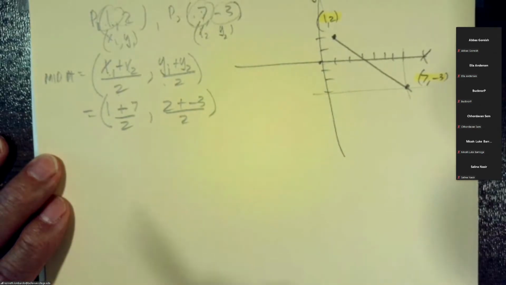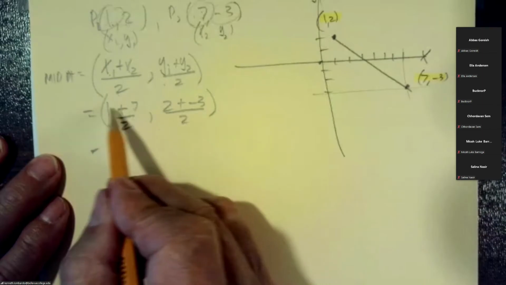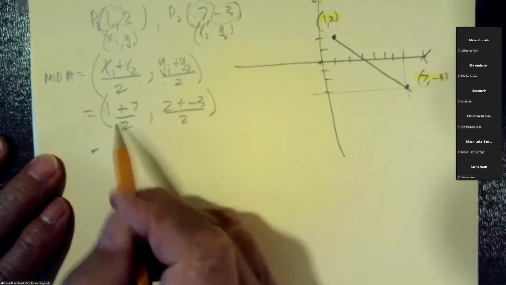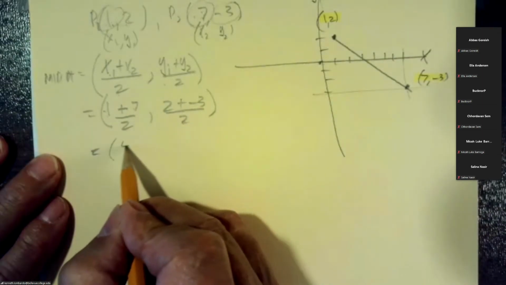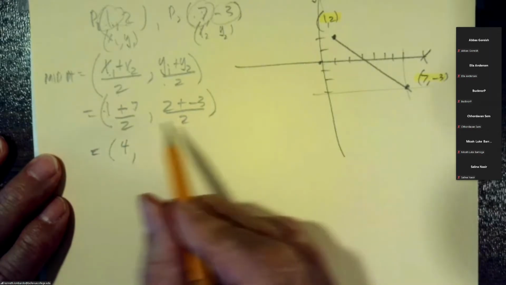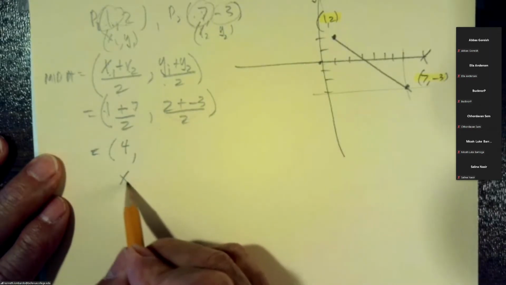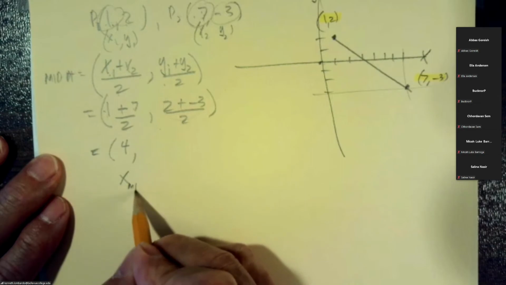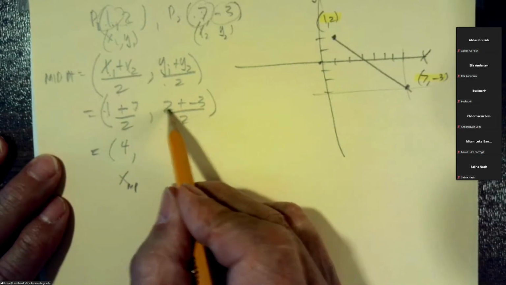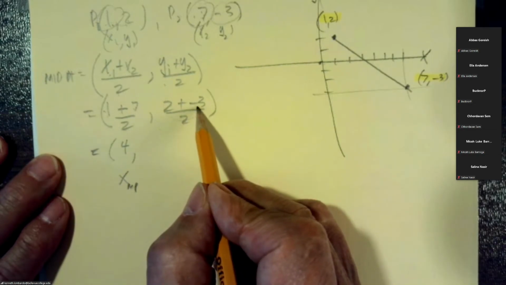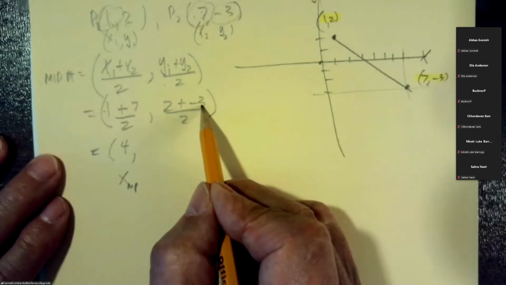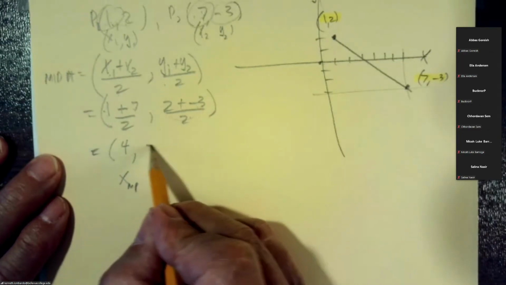So my point is going to be at 7 plus 1 is 8 over 2. That's going to be 4, isn't it? And that's the x midpoint. And the y is going to be 2 minus 3, that's -1 over 2.